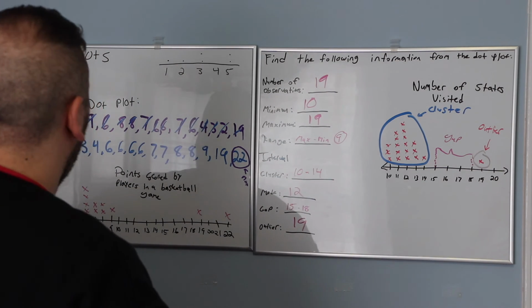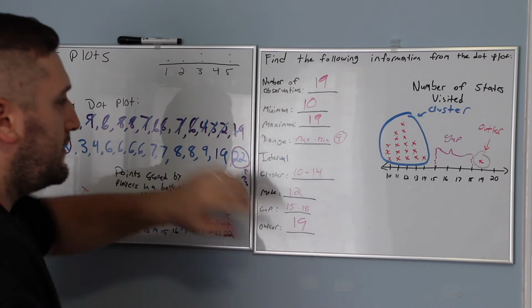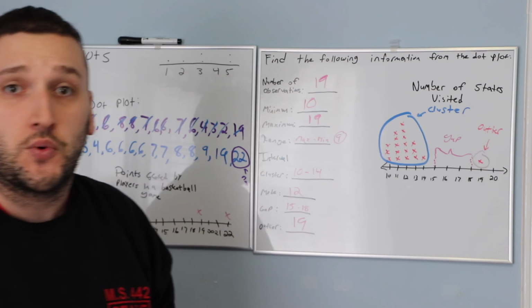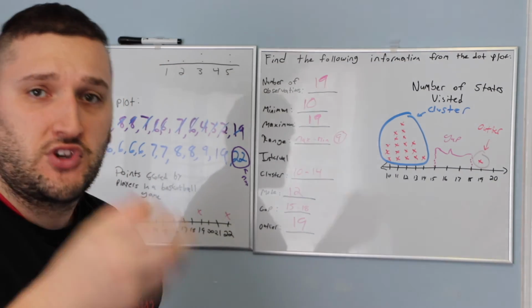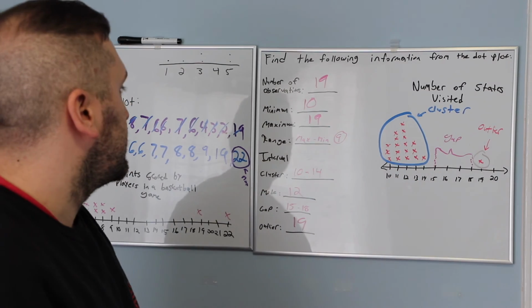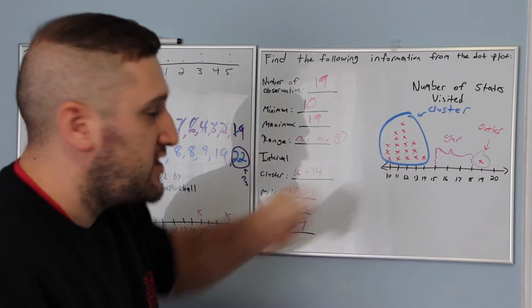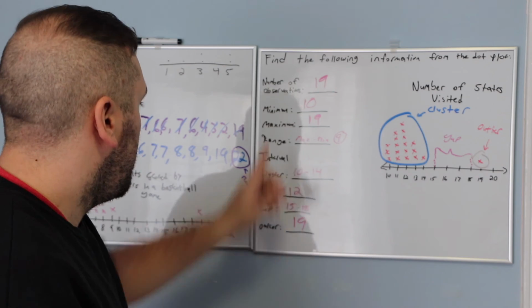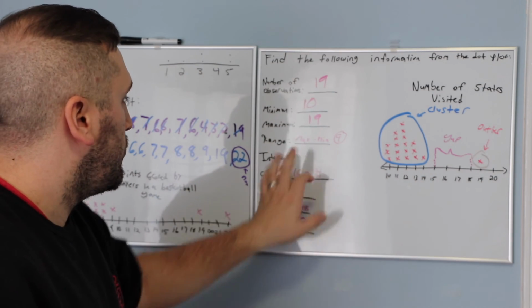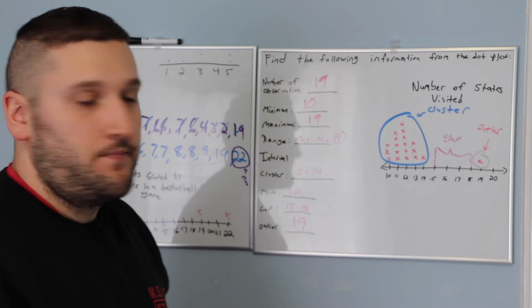Okay, so there is a lot of terminology that goes along with dot plots. Okay, but it's all stuff that you can kind of relate to, and if you understand what the term is, it's really easy to find. Right? Number of observations, how many X's. Your minimum, what's your lowest number where you have a data value? Maximum, where's your highest number you have a data value? Your range, what is your maximum minus your minimum?